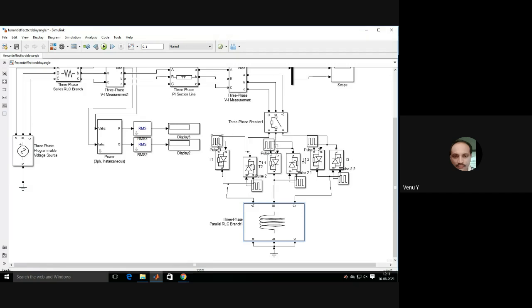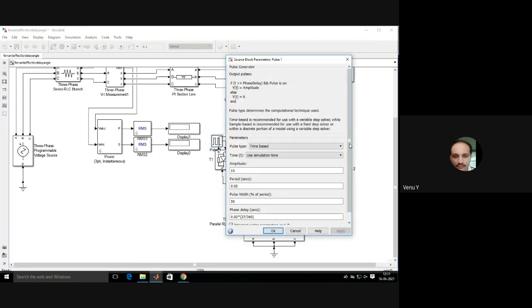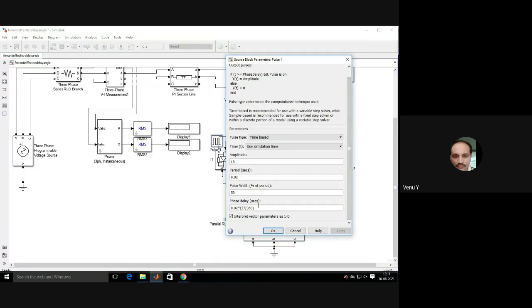And the firing of each thyristor was adjusted manually, 27 degrees. But you need to change the firing angle in closed loop by using closed loop control.